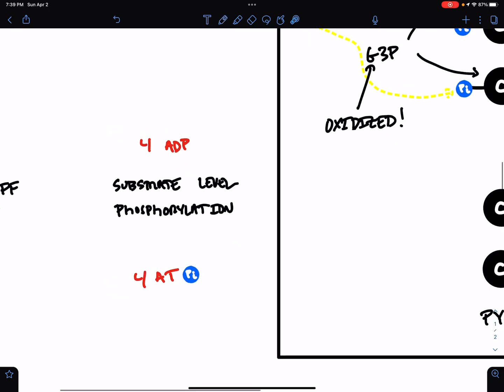You've been exposed to the idea that an ATP synthase, a protein embedded within a membrane that has a concentration of hydrogen on either side, can perform phosphorylation of ADP into ATP.